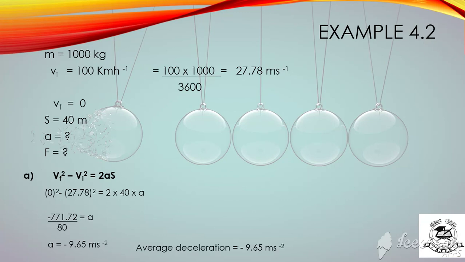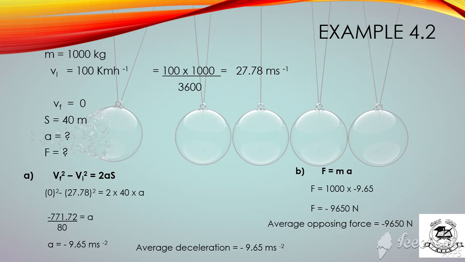So it indicates that it is a deceleration because of the minus sign. To find the force, the same formula, F is equal to ma, and we insert the given values, 1000 into minus 9.65, and the force is minus 9650 newtons, minus again because it is the opposing force.